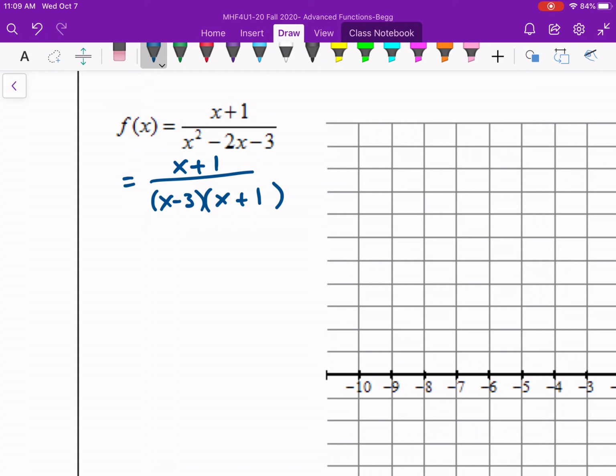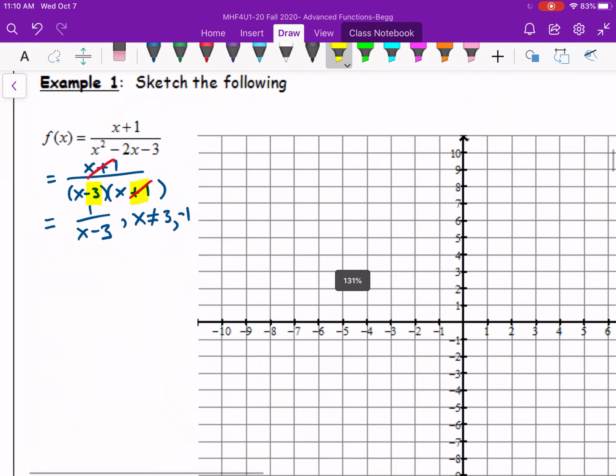This reduces to just 1 over x minus 3. But I still have these restrictions of x can't equal 3 and x can't equal negative 1 from looking at the denominator here.